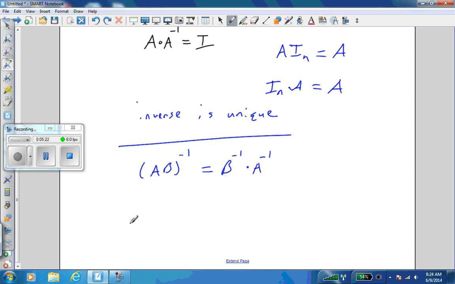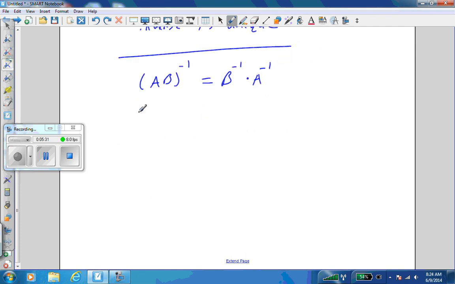So they're going to lay out how to come up with the inverse of a matrix. What they're going to have us do is set up an augmented matrix where we have the matrix we want the inverse of on one side and the appropriate size identity matrix on the other side.